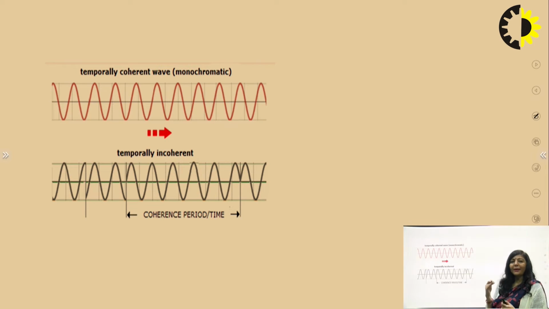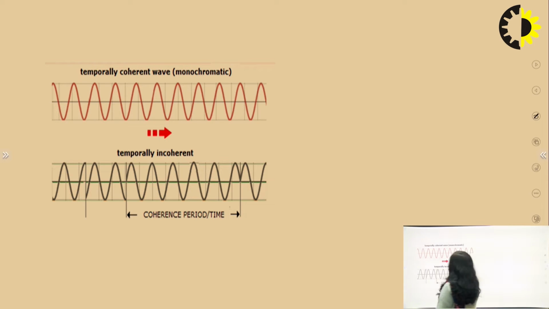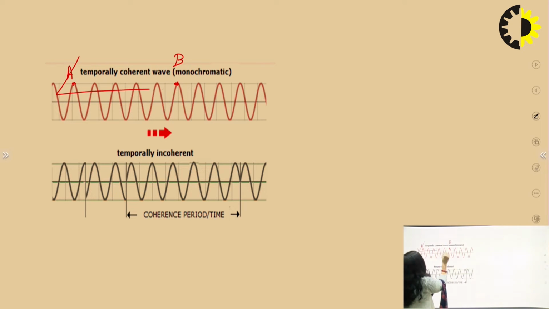But in practical sources, after a certain time there will be a break in phase. If this is the direction of propagation of light, suppose we take 2 points, one at this position and a second at this other position, and these 2 points are in a plane parallel to the direction of propagation. Now what we have to do?